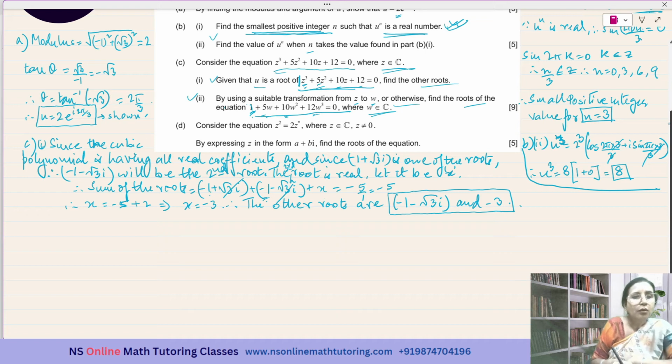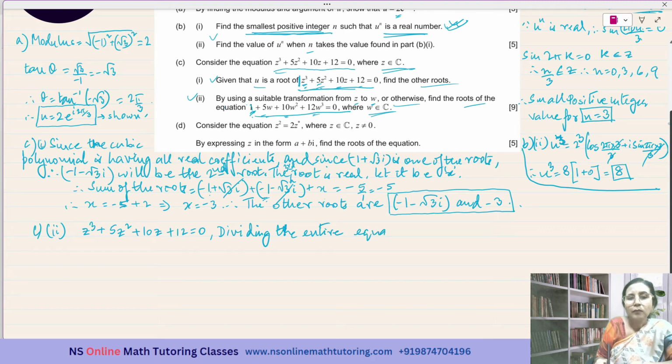I'm starting with the given equation, the first one, plus 12 equal to 0, dividing the entire equation by z cube, we get z cube divided by z cube is 1.